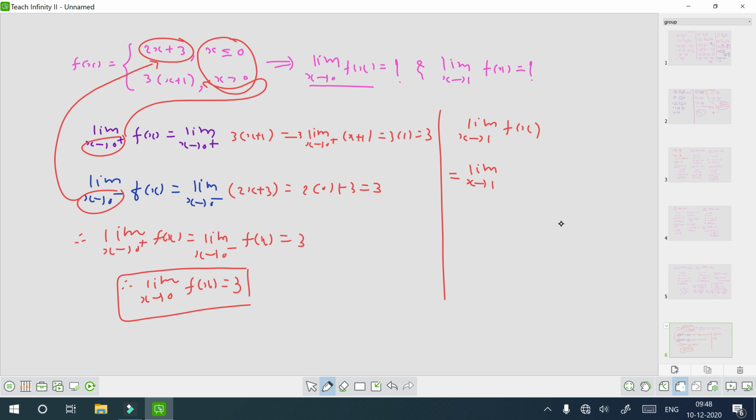Whenever x tends to 1, at that time x is positive, so take f of x equal to 3 times (x plus 1). So limit x tends to 1, 3 is outside, limit x tends to 1 of x plus 1, that is equal to 3 into 1 plus 1, that is equal to 3. Clear?